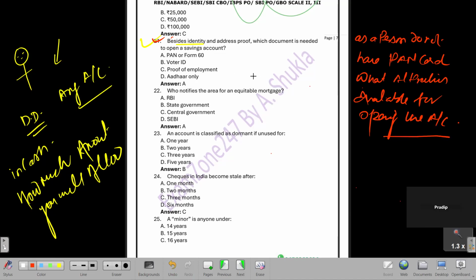If PAN is not available, then you may take Form 60.